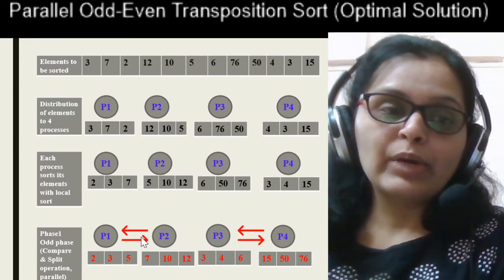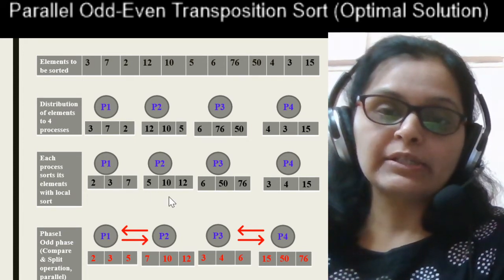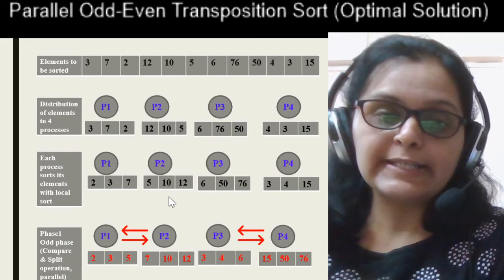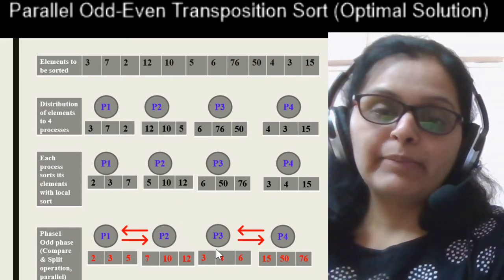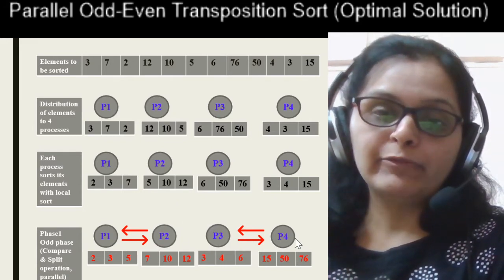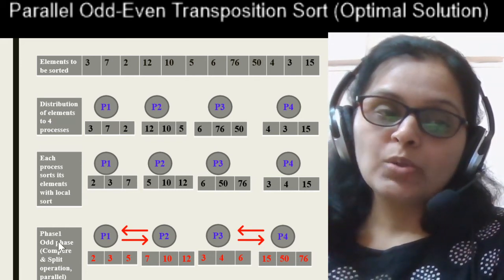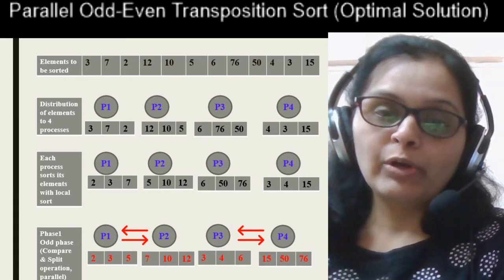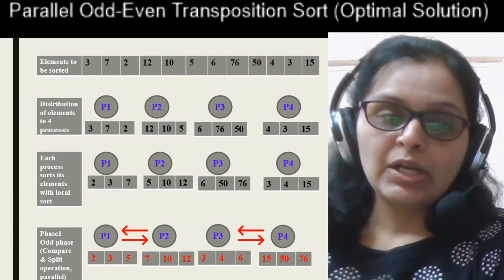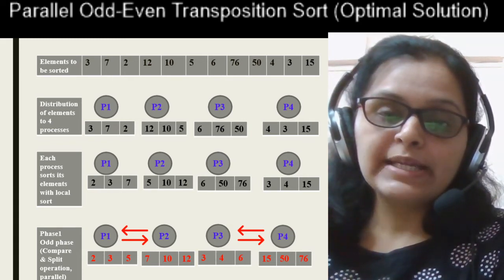So these two processes are working on these two locally sorted partial arrays. The same thing will happen with P3 and P4. So I hope this odd phase is clear. Now it is followed by the even phase. So let us see what happens.